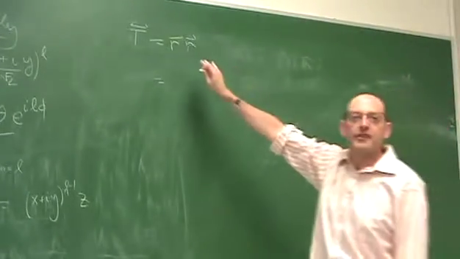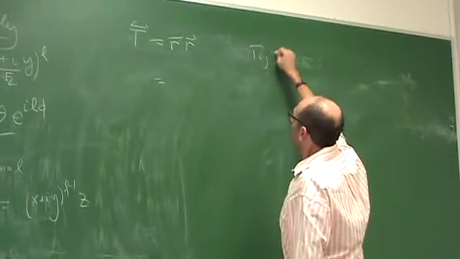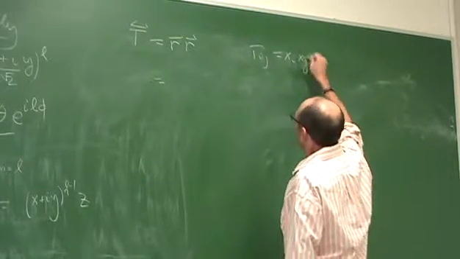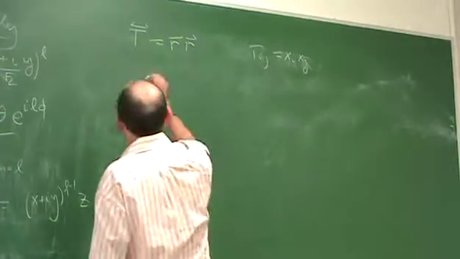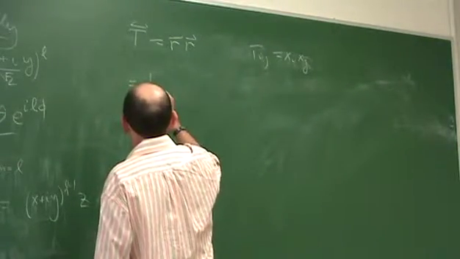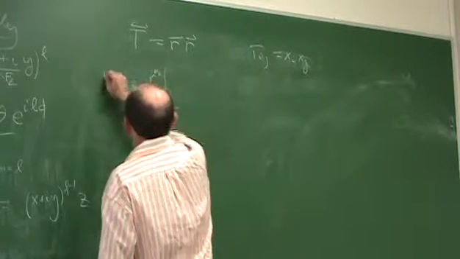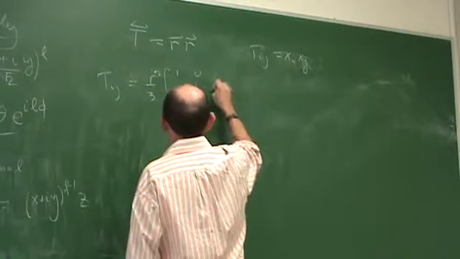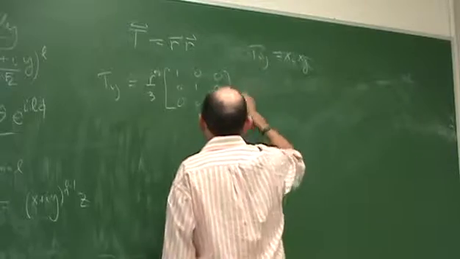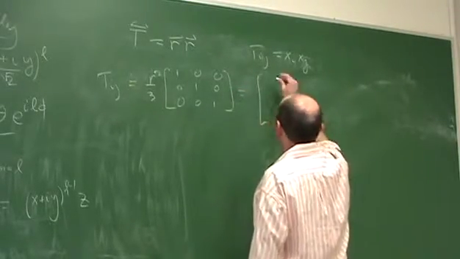This is a symmetric tensor, so there's no antisymmetric part of this. D_ij in Cartesian coordinates is x_i times x_j. So if I were to write out this matrix as a 3x3 matrix, I could break it up into its irreducible pieces, and it would look like this.